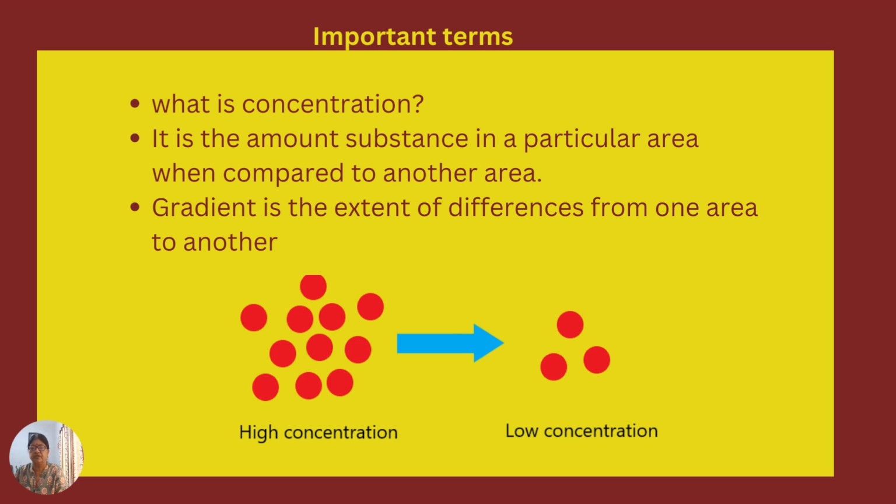The first image on this slide has a higher concentration, or more number of molecules, and the second image has fewer number of molecules. Now, to what extent the concentration differs from one area to another is referred to as gradient. Do you know what the arrow indicates? Yes, it's the direction of movement of molecules.